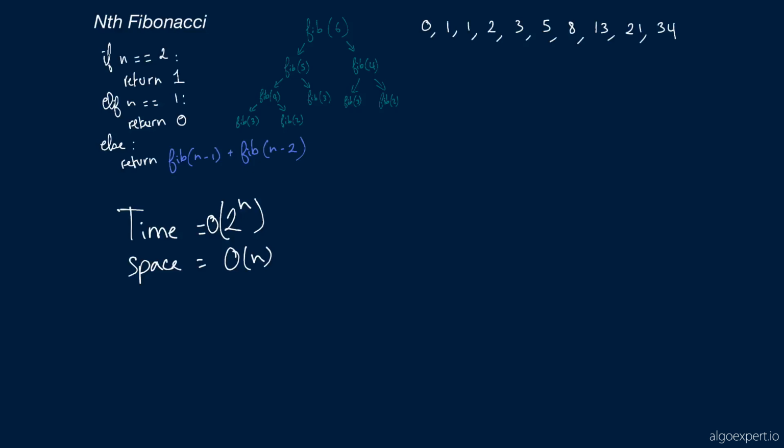So in other words, we could say, if n is in memwise, let's call our caching hash table memwise, if n is in memwise, just return memwise of n. So if we have our solution to a given Fibonacci function for a given n stored in memwise, return memwise.